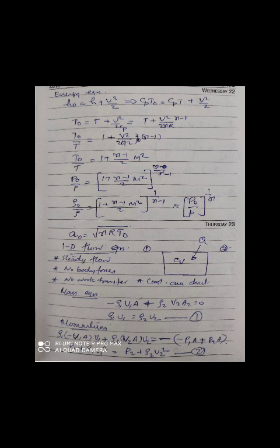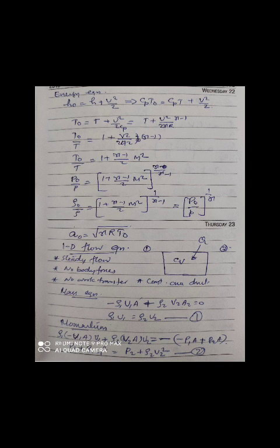Next is the energy equation. Energy equation says the total energy remains constant. We are assuming there is no heat transfer, work transfer, and datum Z1 is equal to Z2. Then we can write the energy equation like this: H0, that is stagnation enthalpy, is equal to H plus V square by 2, right?